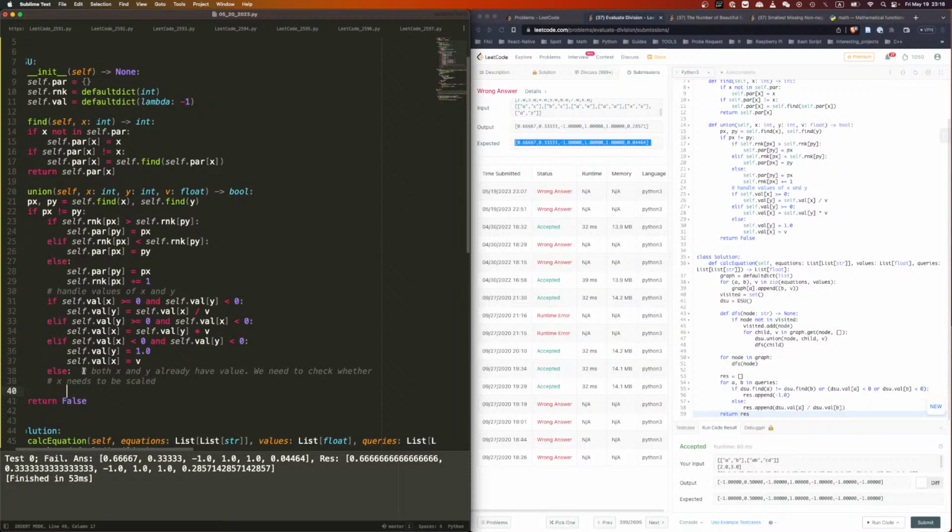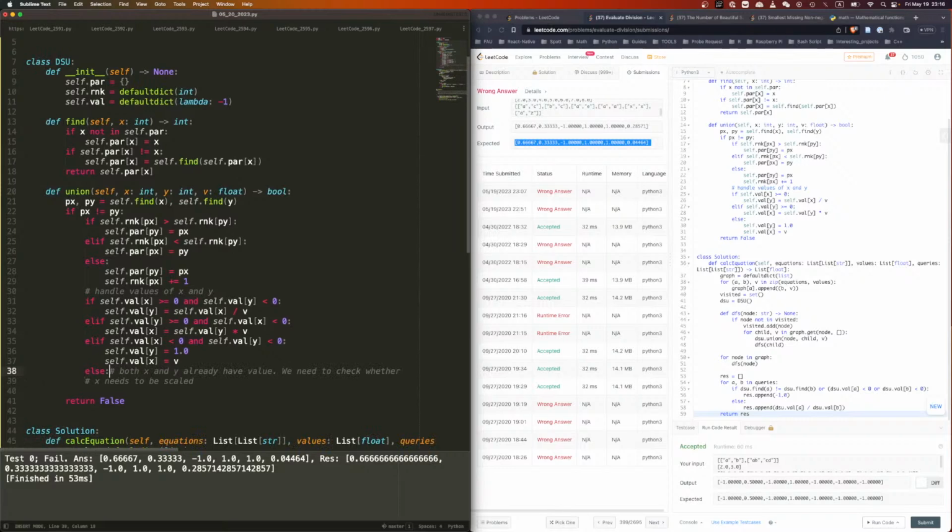Okay, so this is the complex part. What we need to do is check, right? How do we check?